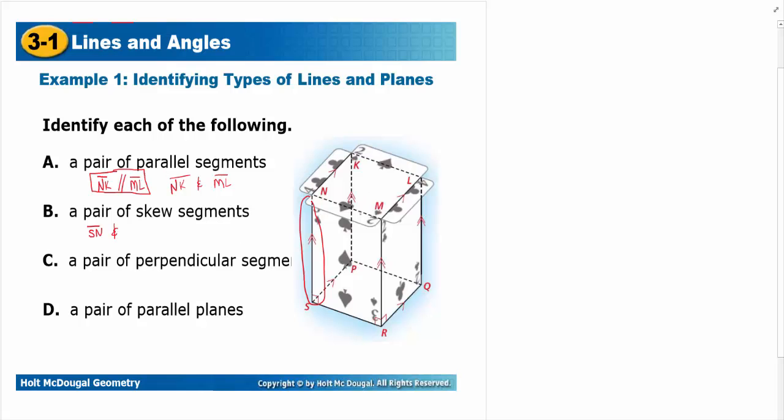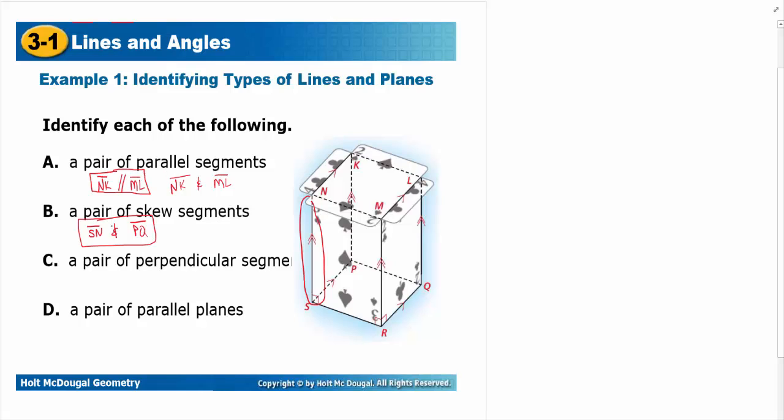And then I want to see a line that's not parallel to it, yet still doesn't touch it. You can pick another one other than me. I'll pick PQ. Do you see how they're never going to touch? This one's here, and that one's over here. They're never touching. So I can use that as my skew line segments. So I'm going to go SN and PQ. Yeah, there's more than one right answer, and that's fine.